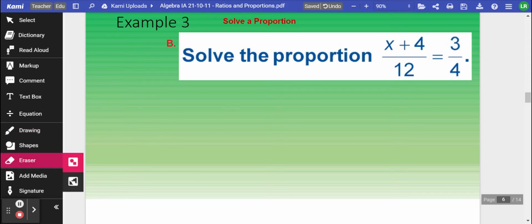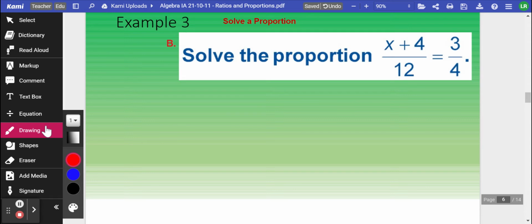We are allowed to cross multiply. Here's the deal though. When I cross multiply with this part, that whole thing needs to be in parentheses. So I have 4 multiplied to that whole thing, so 4 multiplied to x plus 4. Basically the distributive property. And then I have 12 times 3, and that is 36.